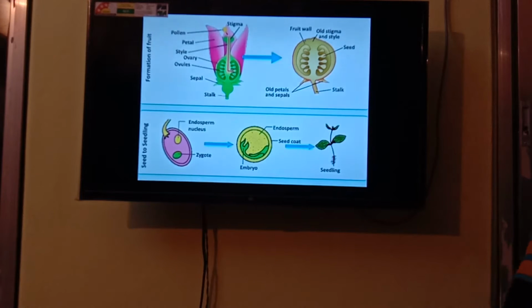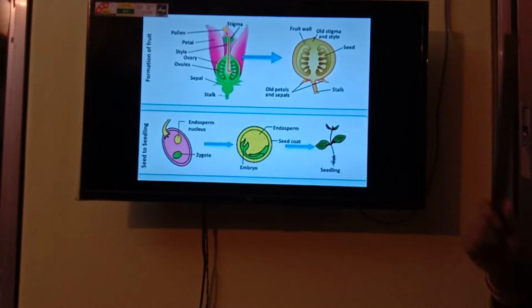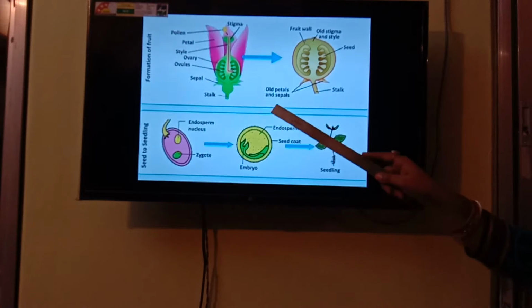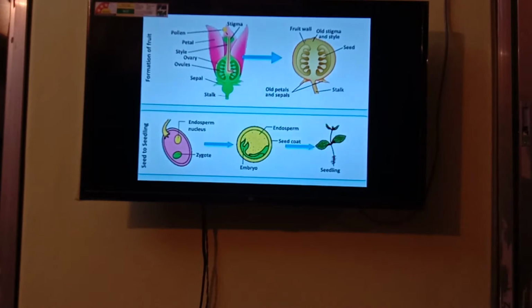After fertilization, the ovary is modified into fruit. This is the structure of the fruit. And the second one: after fertilization, the ovule is converted into seed. This is the structure of the seed. So the fruit is a ripened ovary and the seed is a ripened ovule.